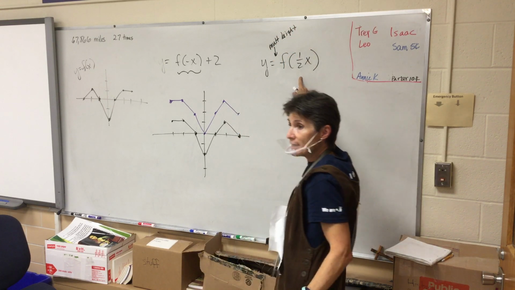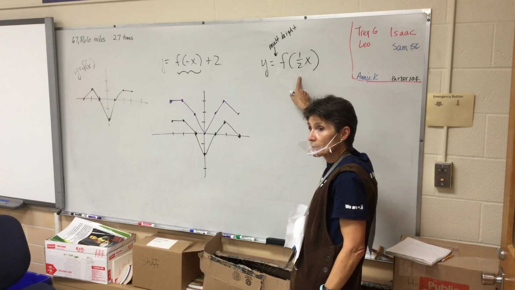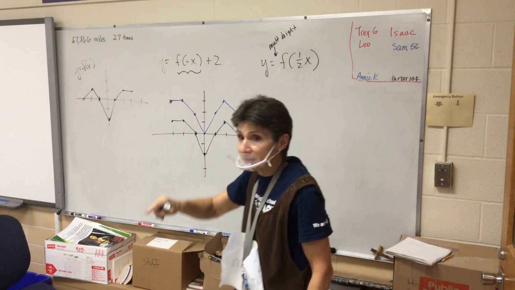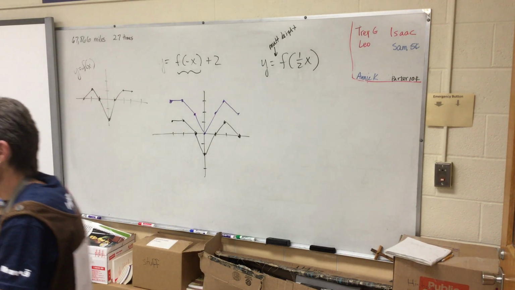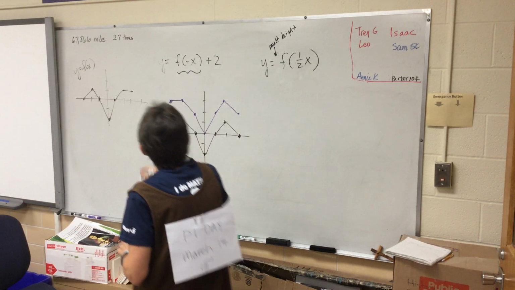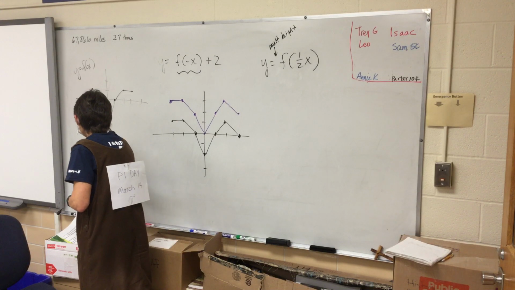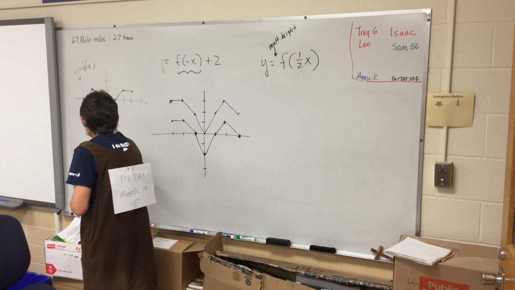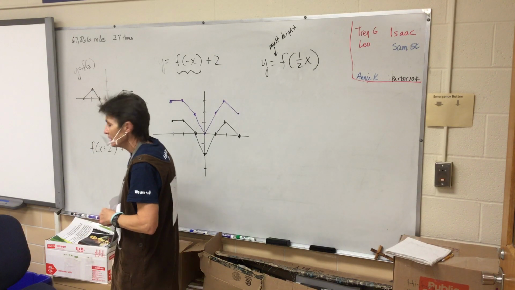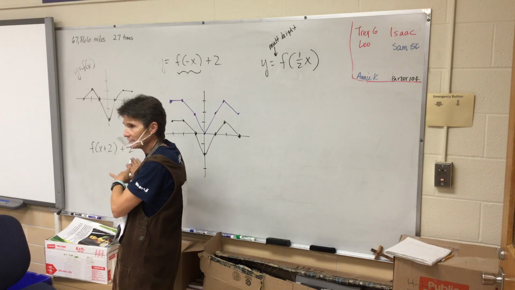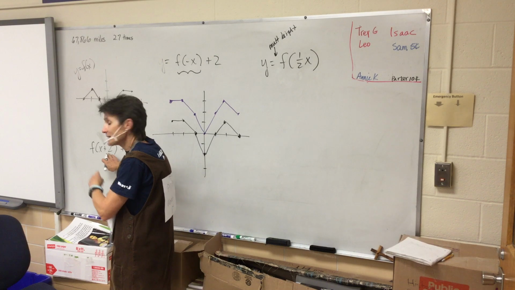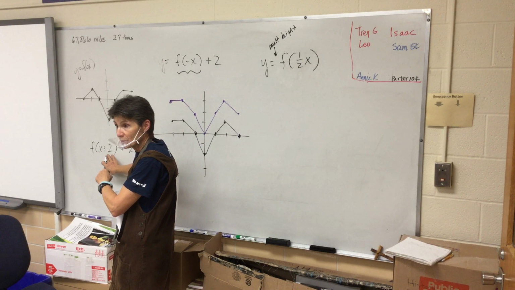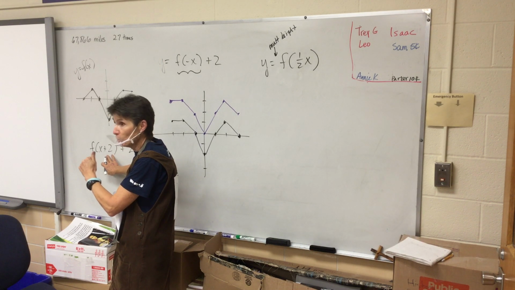Any idea what that number might do? It impacts the width, but you need to be careful. All right, let's think about this for a minute. Remember when you have something like this? We know this does exactly what it looks like it's going to do. It goes up 2. But that's a plus 2. But it doesn't go plus 2.